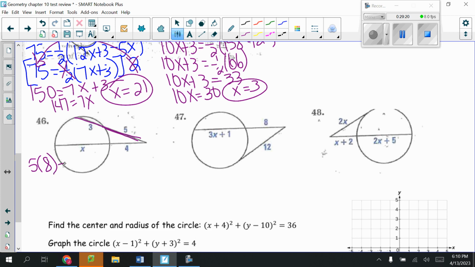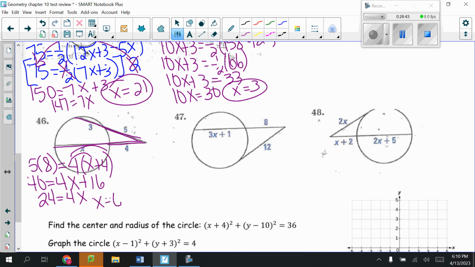That's equal to the other outside portion, 4, times the whole length, x plus 4. So here I have 40 equals, I want to distribute my 4, 4x plus 16. I'm going to subtract 16 from both sides, so then I get 24 equals 4x. And when I divide, I get x equals 6.